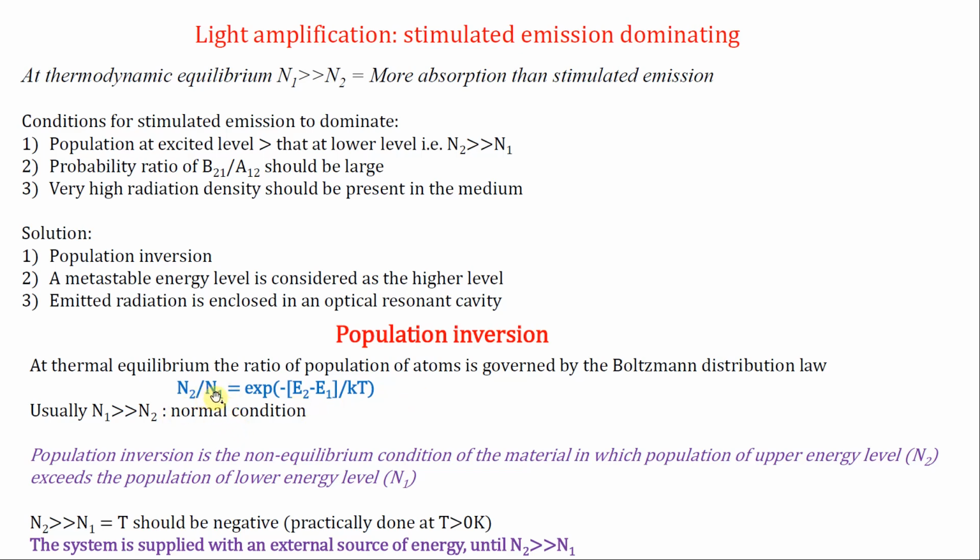If N2 has to be greater than N1 in this expression, then the temperature T has to become negative, and practically we cannot go for a negative temperature. We work only at temperatures above 0 Kelvin. So the only possibility is to give an external source of energy and force the system to achieve population inversion, to become N2 greater than N1.